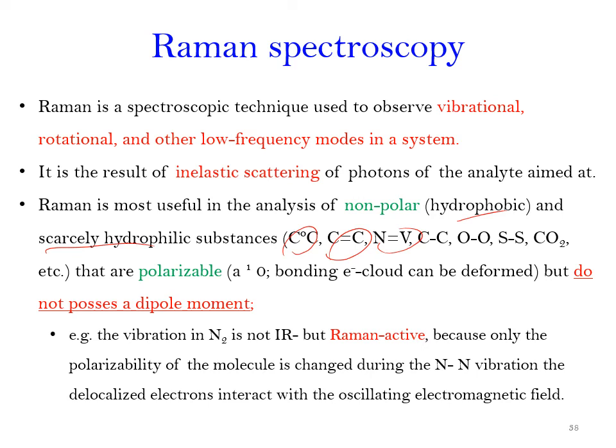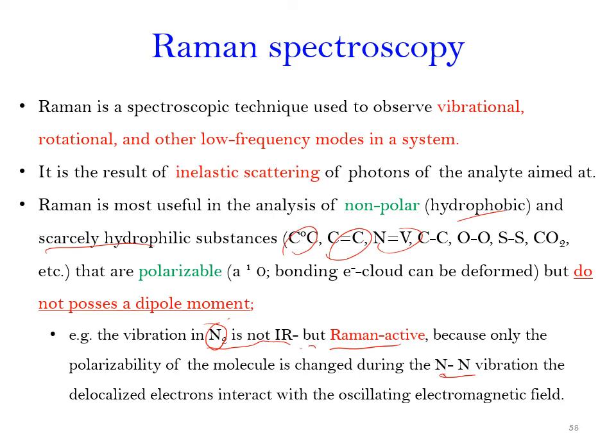For example, the vibration in nitrogen is not IR sensitive because it doesn't have a dipole moment, but it is Raman active because only the polarizability of the molecule is changed during nitrogen-nitrogen vibration. The delocalized electrons interact with the oscillating electromagnetic field.